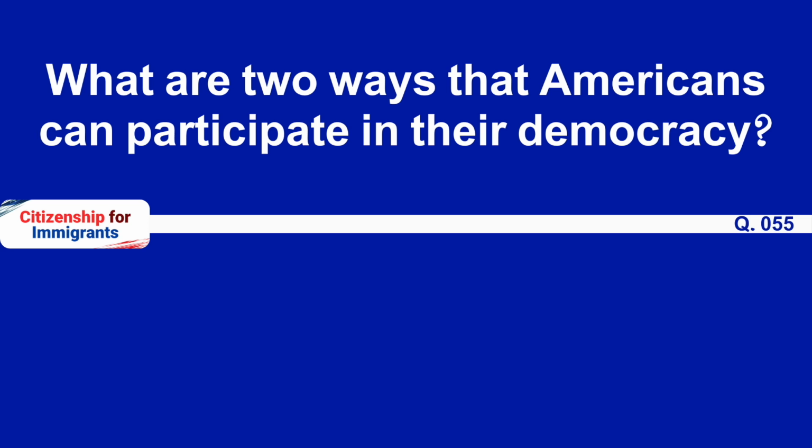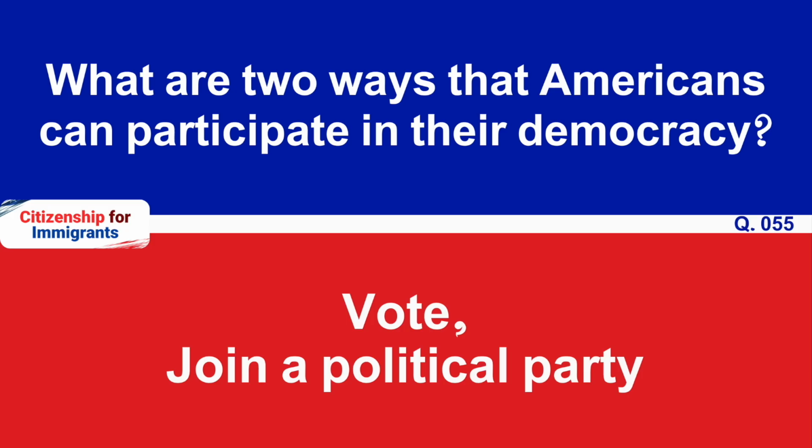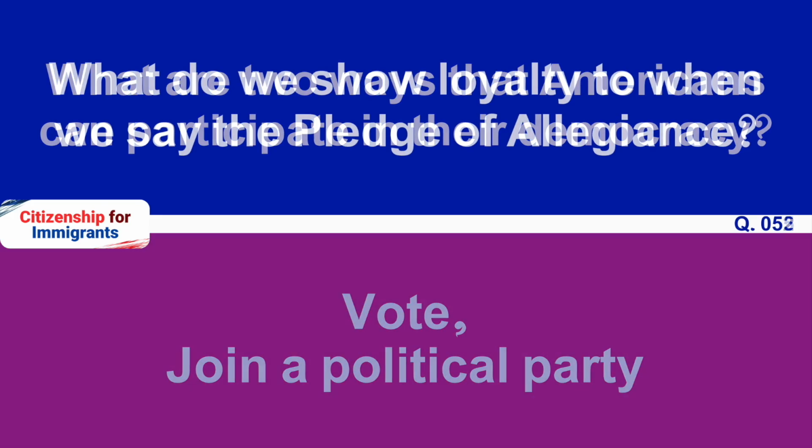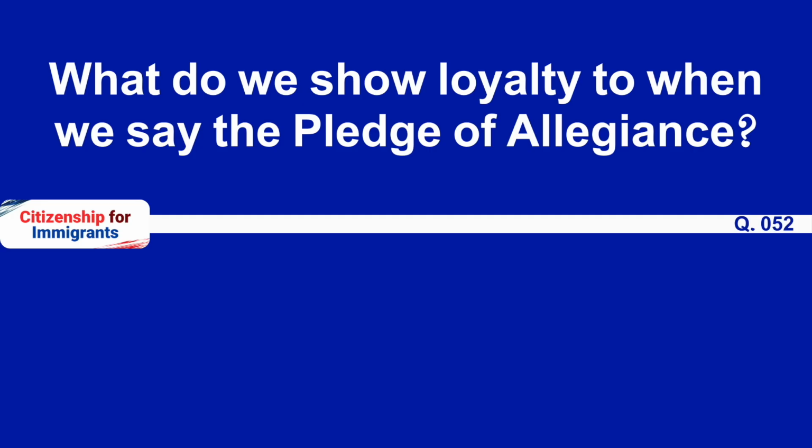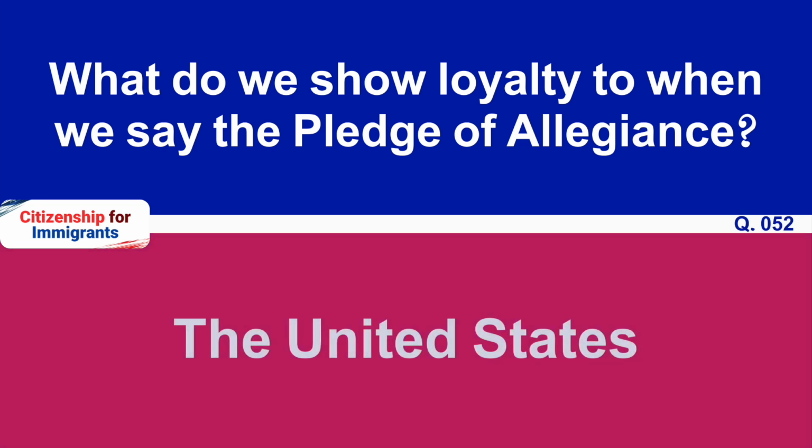What are 2 ways that Americans can participate in their democracy? Vote. Join a political party. What do we show loyalty to when we say the Pledge of Allegiance? The United States.